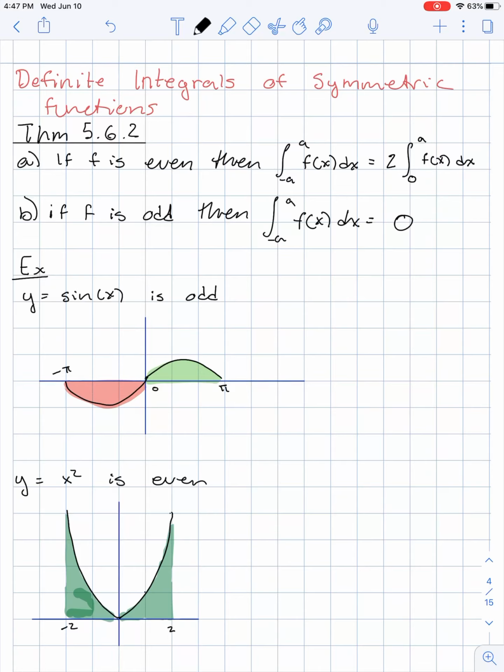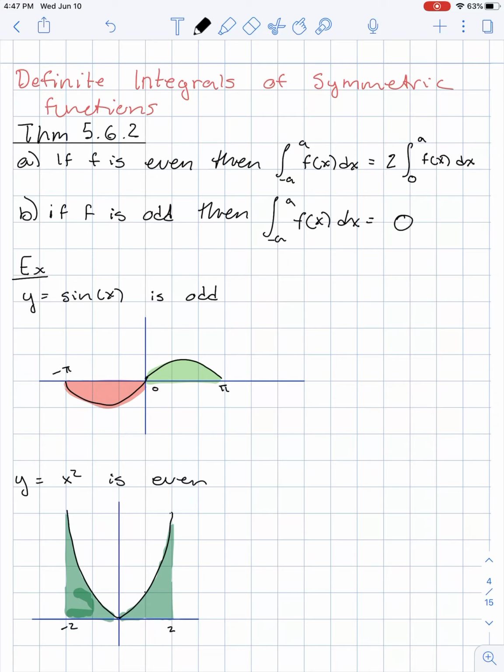That might sound a little weird, but you can think about it using these pictures. Either side across 0, if it's even, they're going to add together. So that's how we get the 2 right there. If it's odd, the other side is going to cancel it out, which gives us 0.